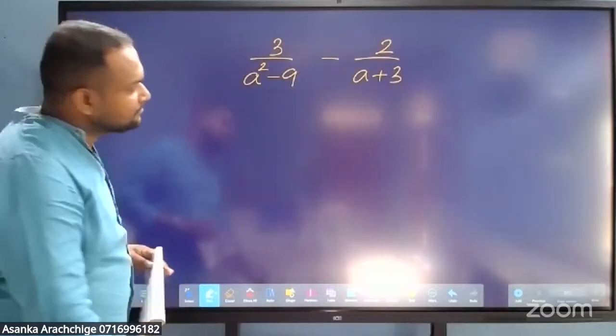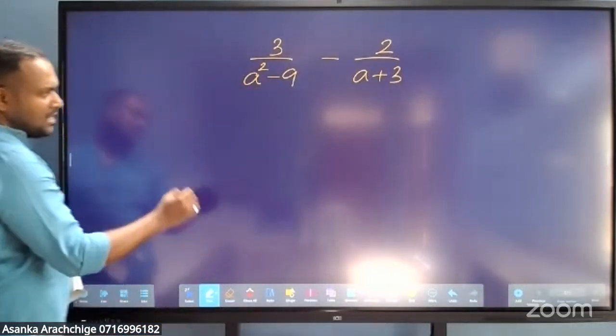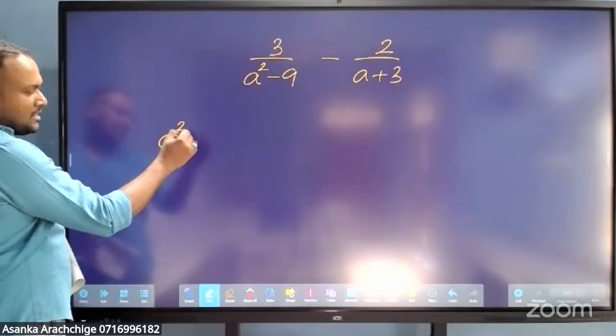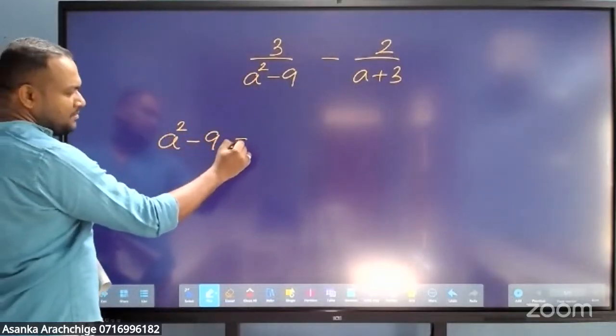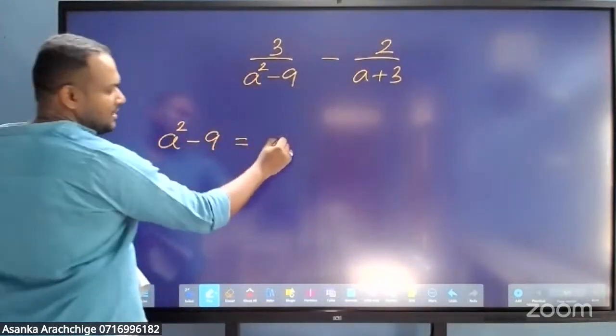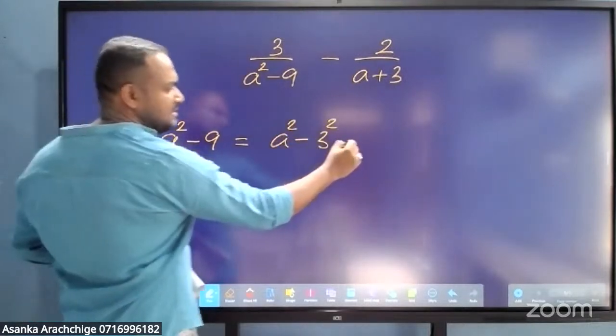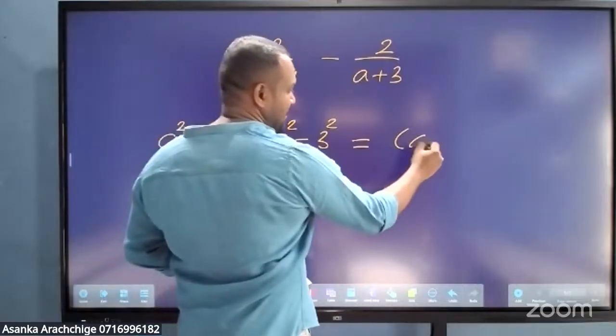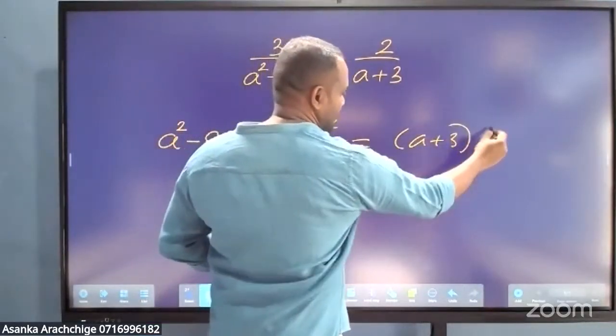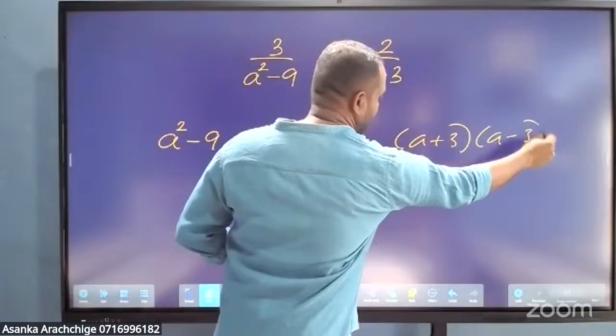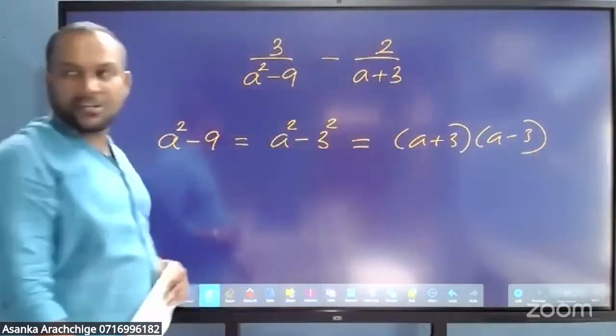Remember, a squared minus 9 means a squared minus 3 squared. The factors are a plus 3, a minus 3. And this is a plus 3.